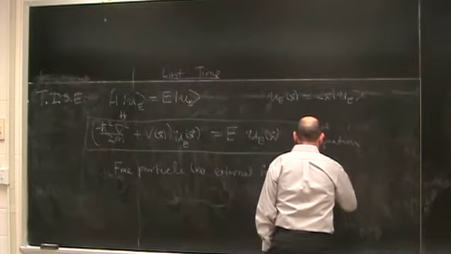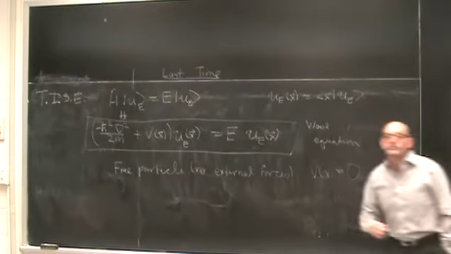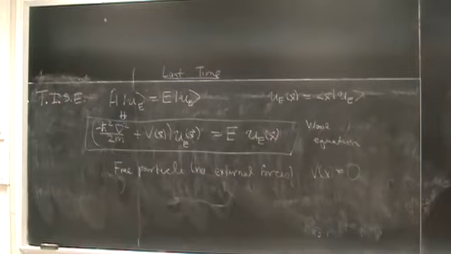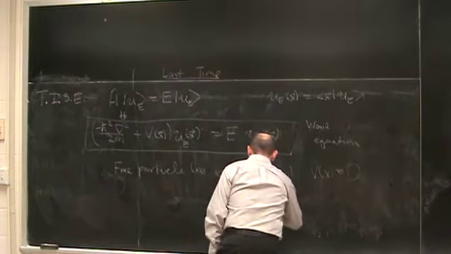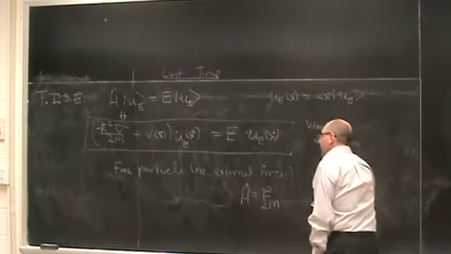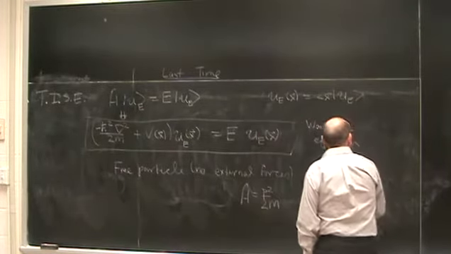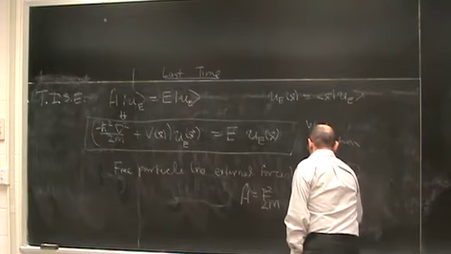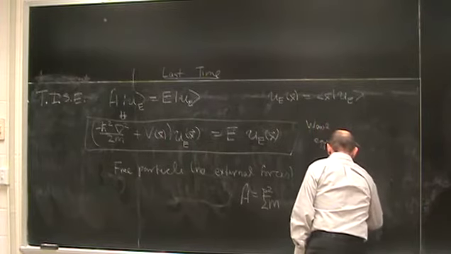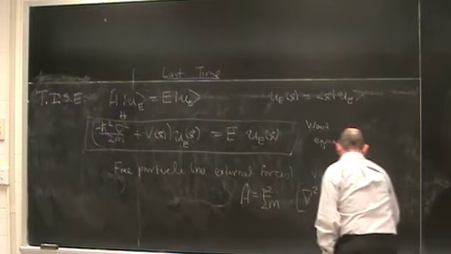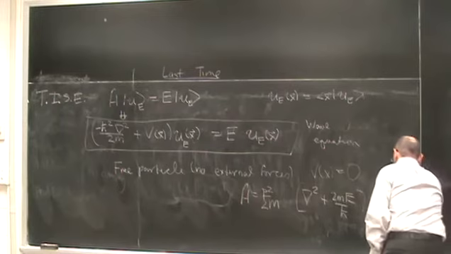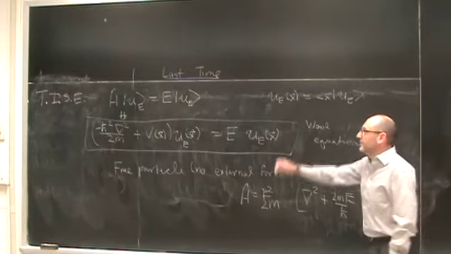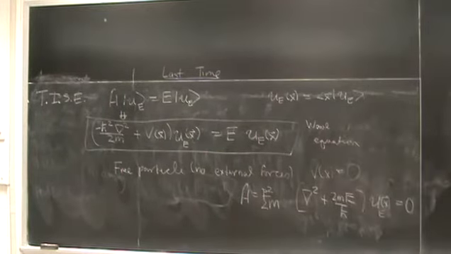That means the potential energy is 0. In that case, the Hamiltonian is just p squared over 2m. And the Schrodinger equation, if I rewrite it, looks like this. So I set the potential equal to 0 and just rewrote some stuff.